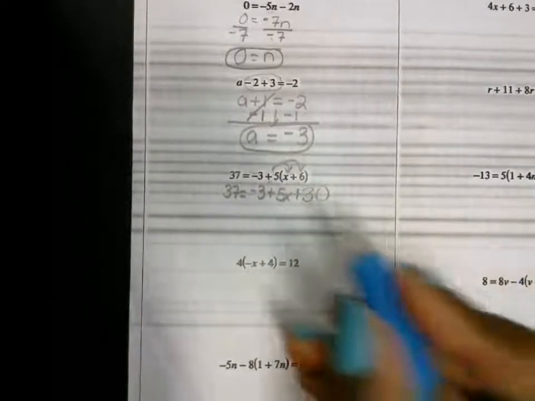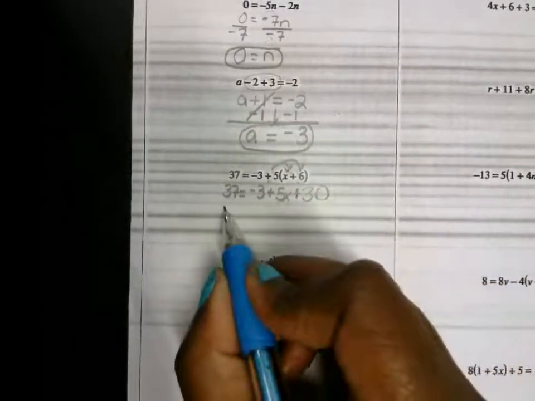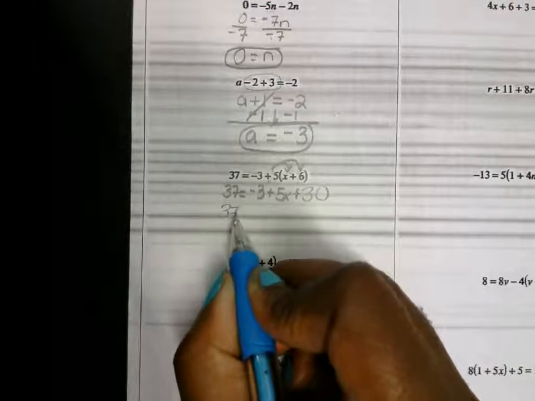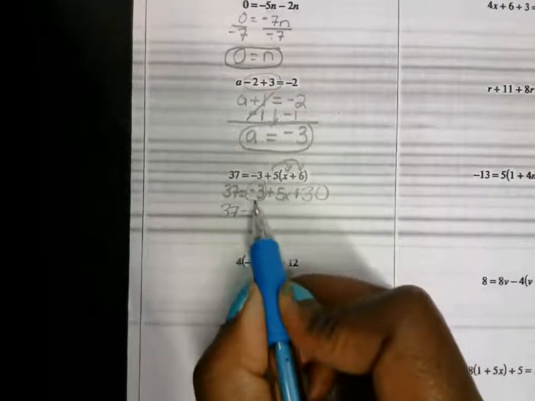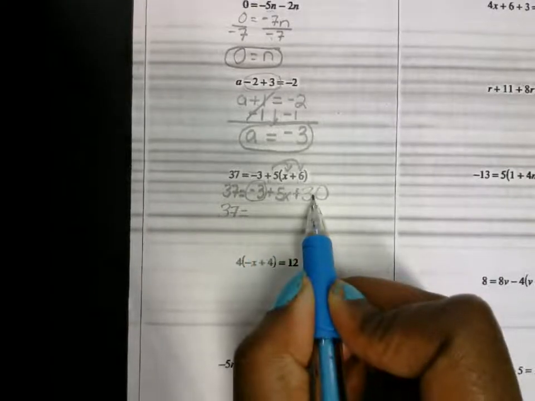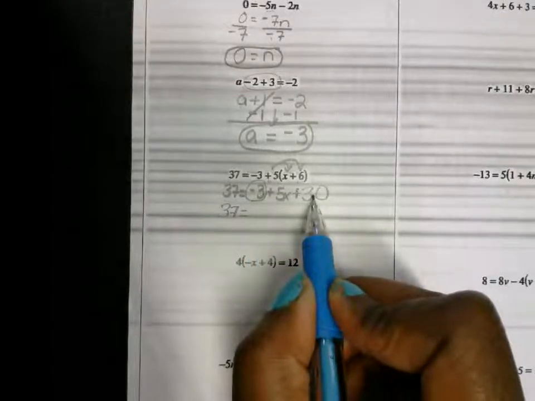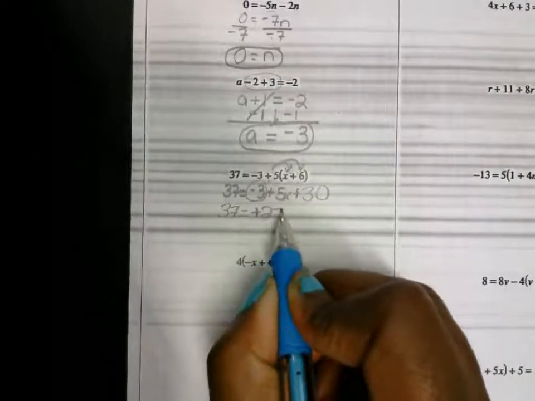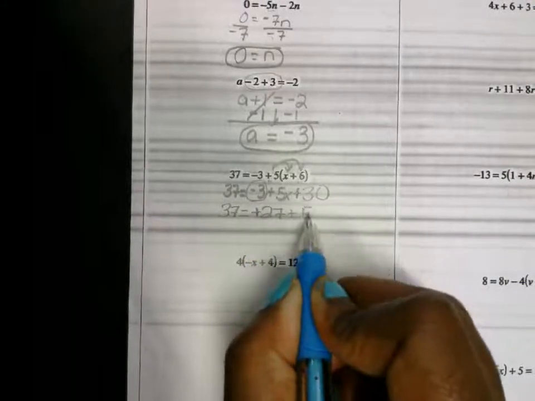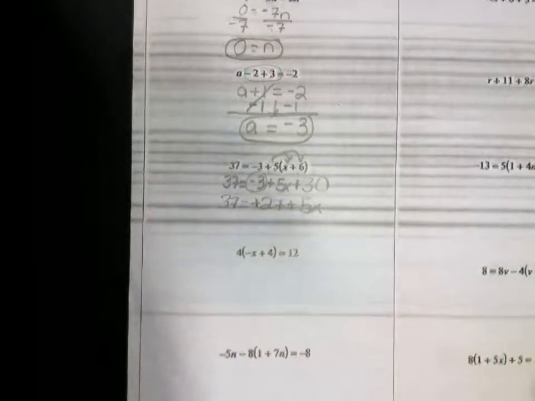Okay? Now we're going to combine the terms that are alike. So this is 37 is equal to, and here you're going to negative 3 and plus 27. Oh, I said it. The answer is 27. Okay.